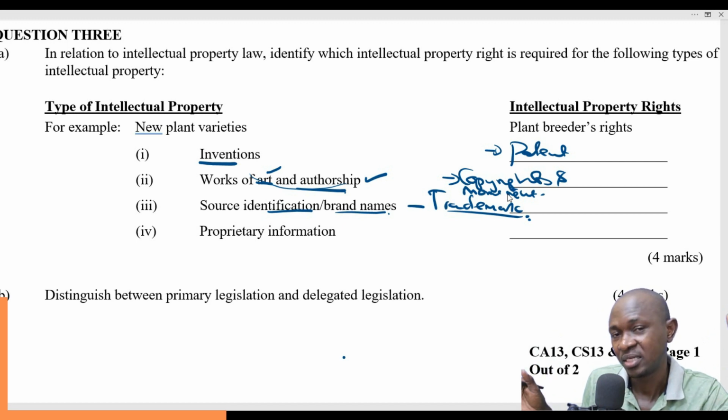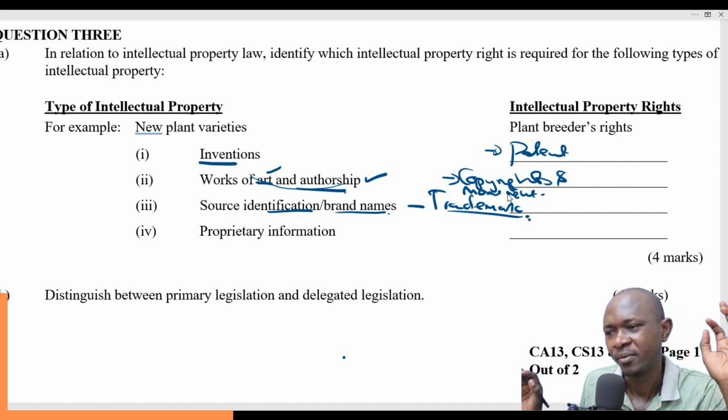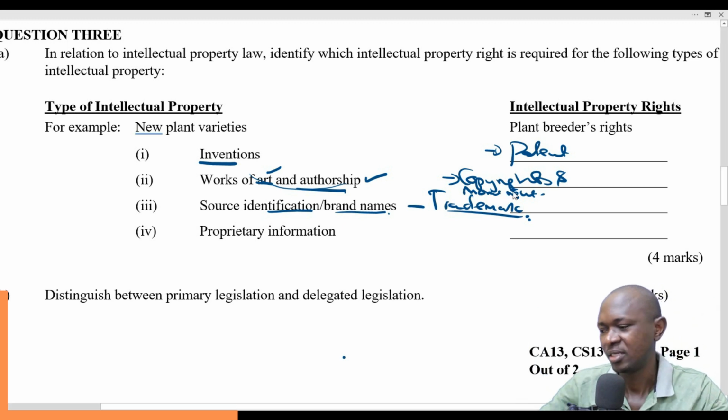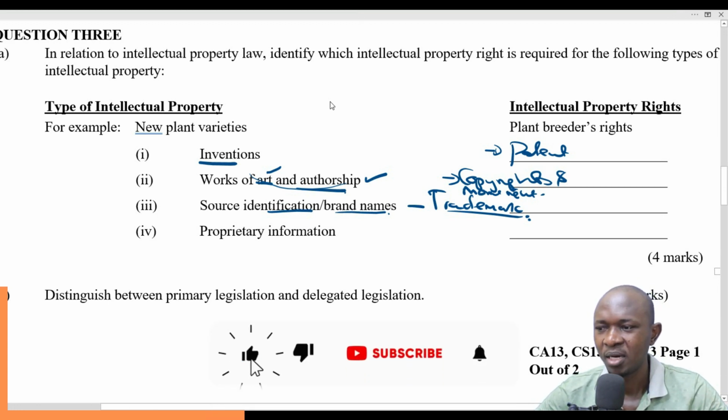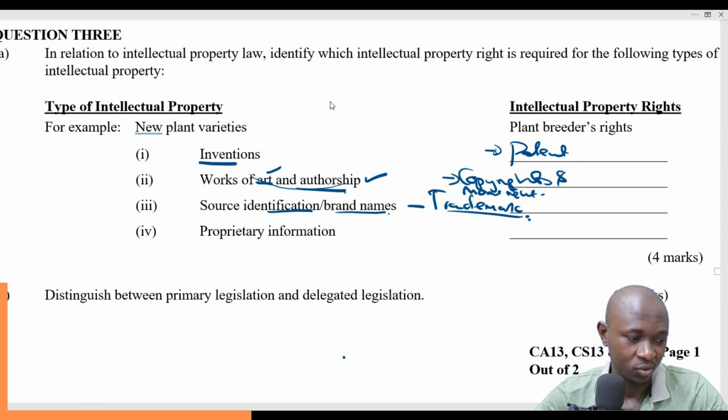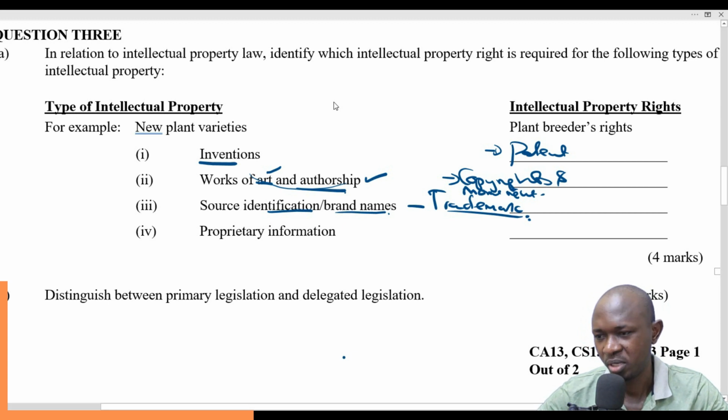When anybody sees it, they can associate it with a certain product or a certain brand or a certain company, so that we don't have people coming to take advantage of what it has taken you time to build. So go for a trademark, and that will protect that mark so that it's exclusively used by you for a considerable or reasonable period.